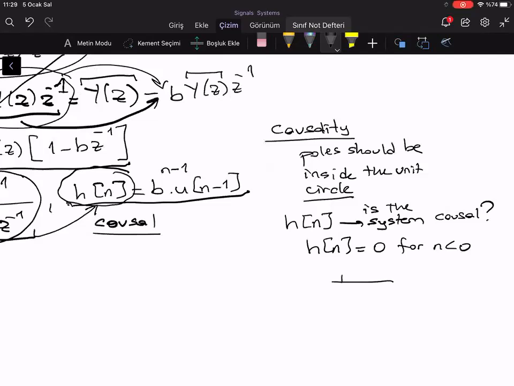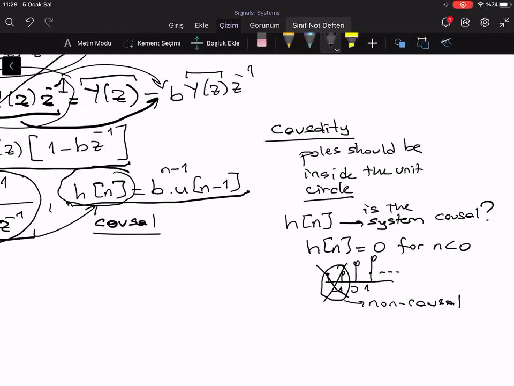That means I shouldn't have anything here. If I have anything before 0, like anything other than 0, then I will say this is a non-causal system. So it should be right-sided. Poles should be inside the circle. Okay?